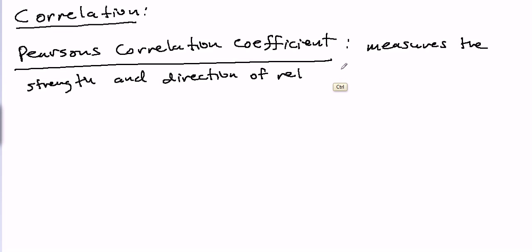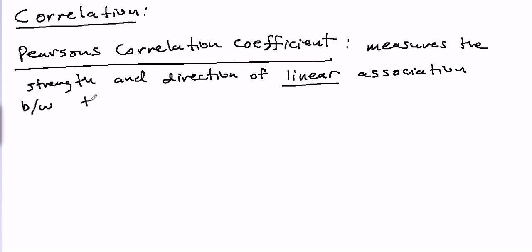Rather, good place for me to forget to write linear association. I'll use the word association instead of relationship. It's the same idea. But I stress linear association between two numerical variables.